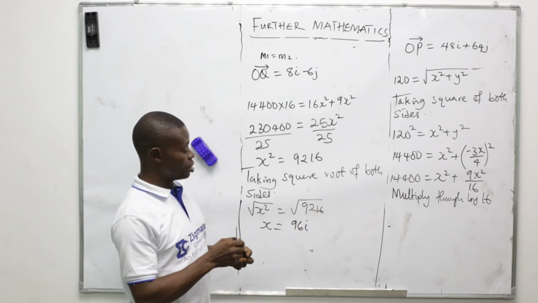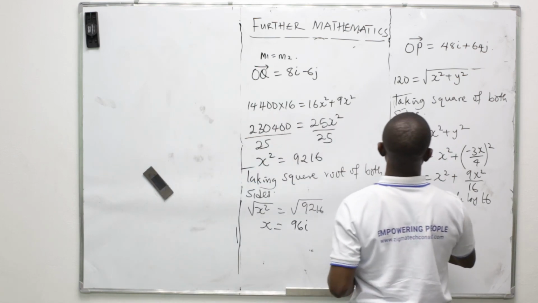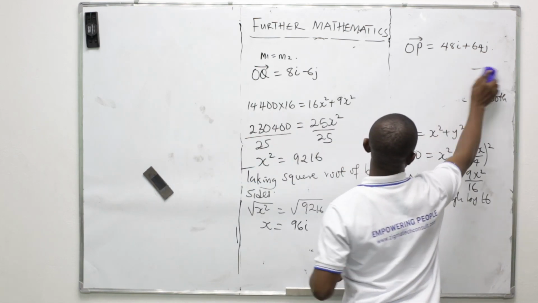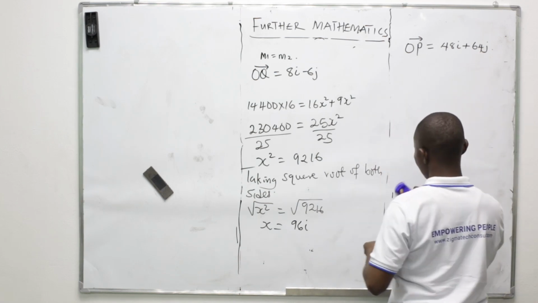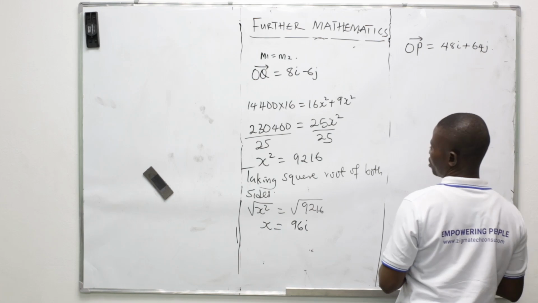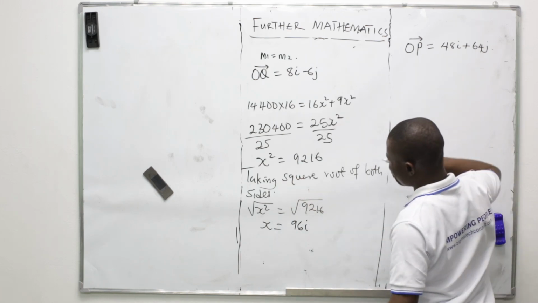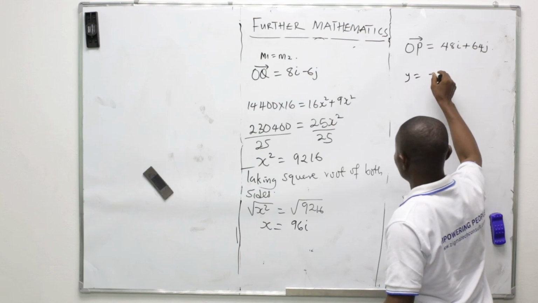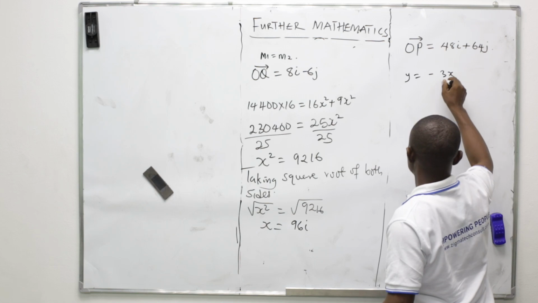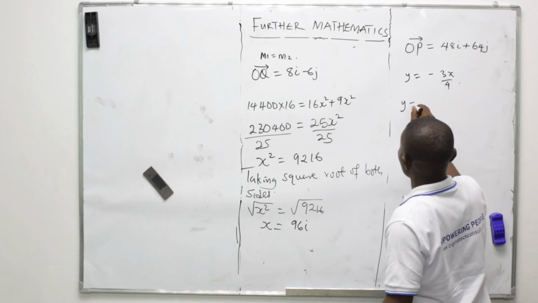96i. Recall x represents i, y represents j. Then recall that y in the vector OQ was equal to what? Minus 3x all over 4, okay? That is to say, y equals what?